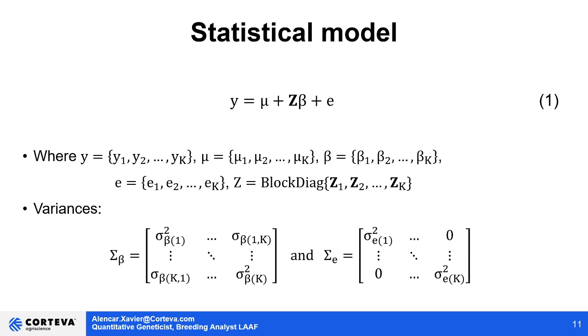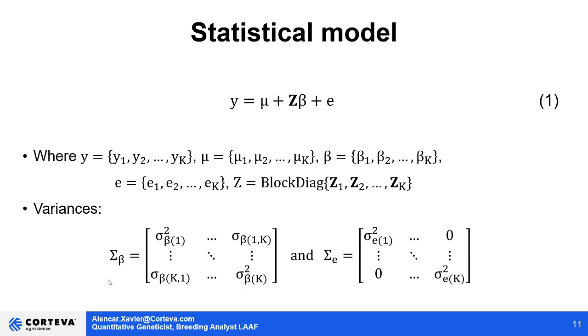The vector e corresponds to the residuals. And the matrix Z is a block diagonal, where the diagonals have the genotypic matrices from the individuals from the various traits. Recall that you may or may not have any overlap of individuals between the different locations or the different traits. So why is that multivariate in any sense of the word?